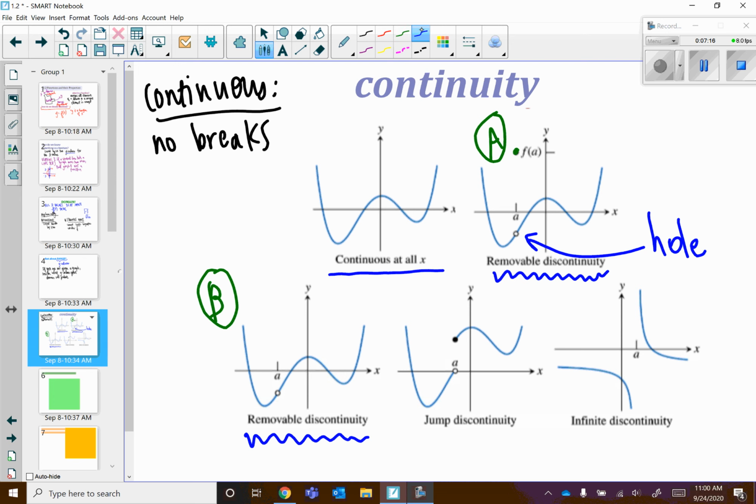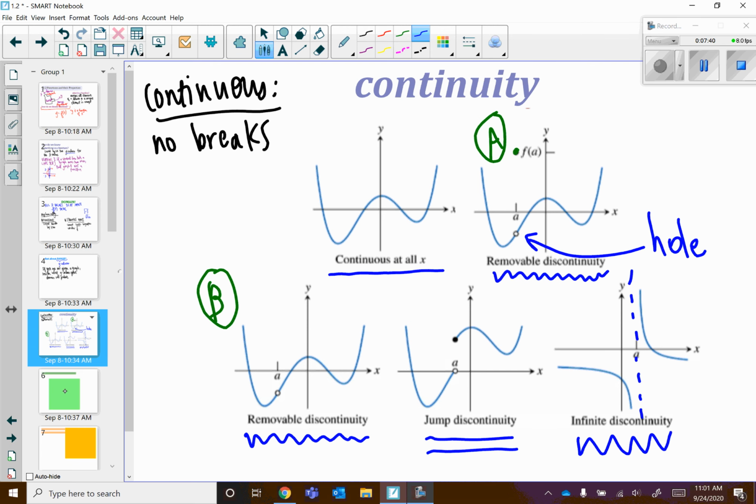Then we've got our next example, a jump discontinuity, which does what it says. The graph literally jumps up. And last but not least, we have an infinite discontinuity, where we have something called a vertical asymptote, which we will talk more about in a moment. If you need to pause the video to continue sketching these, by all means do so.